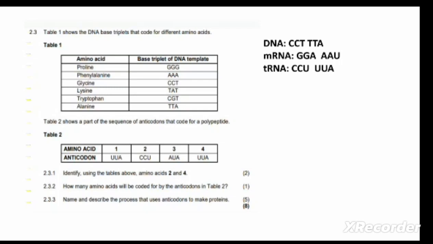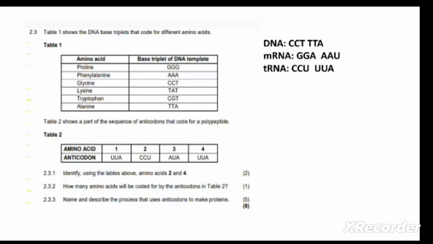Table 2 shows a part of the sequence of anticodons that code for a polypeptide. In table 2, we have amino acids 1, 2, 3, 4, and anticodons UUA, CCU, AUA, UUA, right? They say identify, using the tables above, amino acids 2 and 4. So what are you going to do?